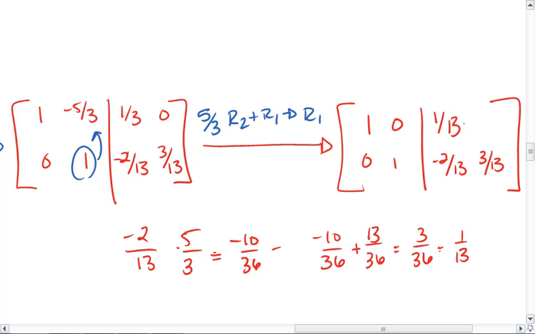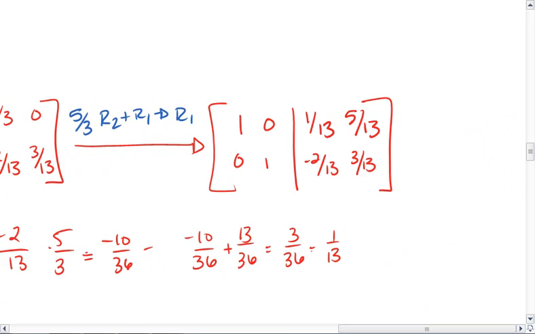And then finally 5/3 times 3/13 is the same as 5/13. And that is my inverse matrix. So A inverse equals 1/13, 5/13, negative 2/13, 3/13.